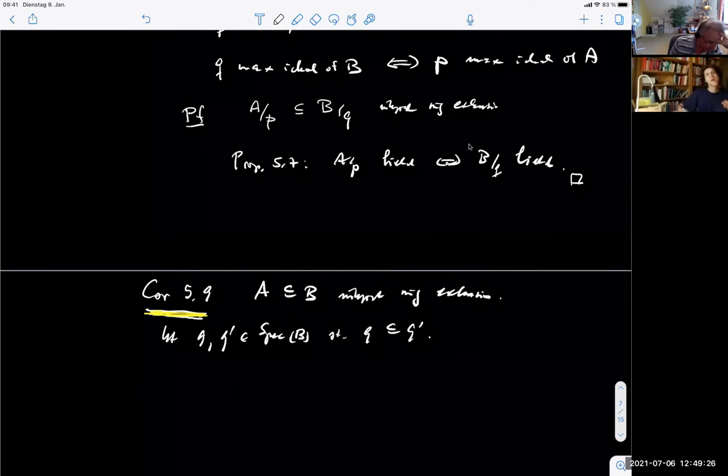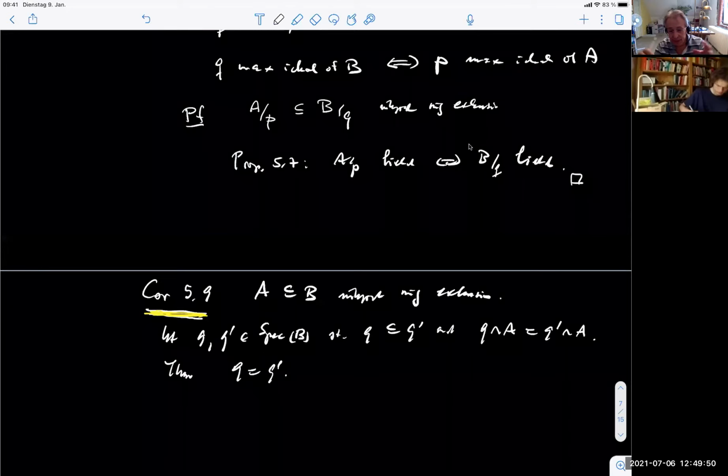And let's assume that if I contract, so I intersect with A, then I get equality. This is the assumption. And the claim is, if this is the case, then Q must equal Q prime. So in the big ring, you have two prime ideals, one contained in the other.